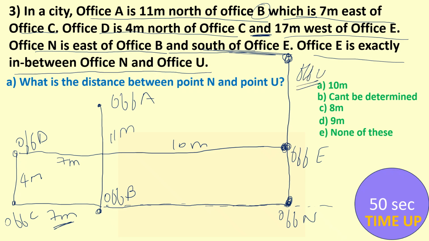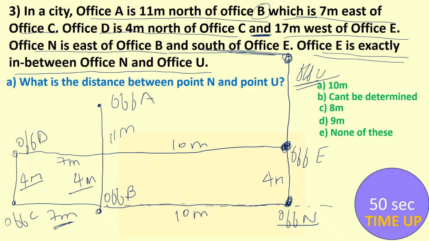They have not mentioned the distance from office N, but they have said office E is exactly between office N and office U. Now, if this is 4 meter, this will be 4 meter. If this is 4 meter, this will also be 4 meter. This will be 10 meter.